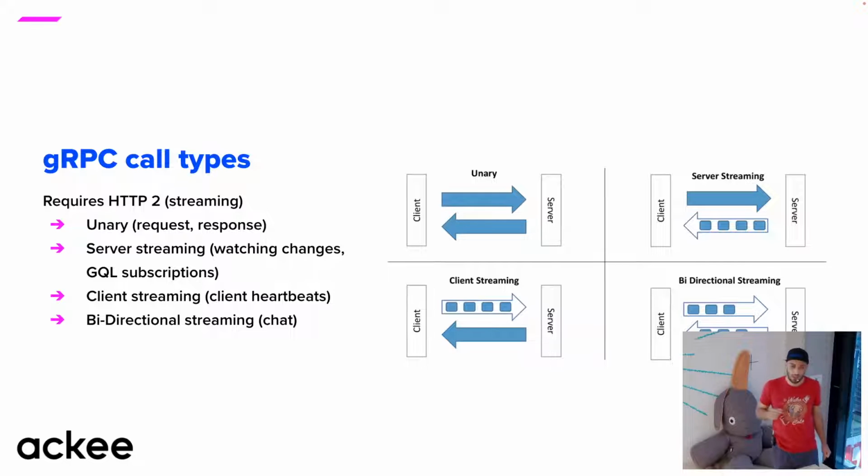And there are actually 4 types of communication. The first one is the most basic one. It's the unary, and it is the communication model that everybody knows. It's the request-response kind of communication. So the client initiates the connection, sends a message to the server, it processes it, and then it returns a single message. This is what you know from REST probably, from GraphQL queries and mutations. This is the type of thing.